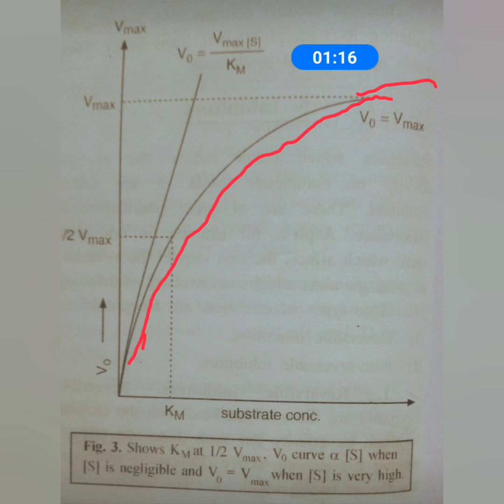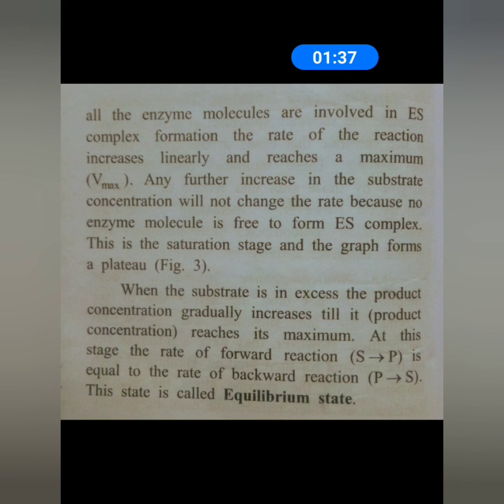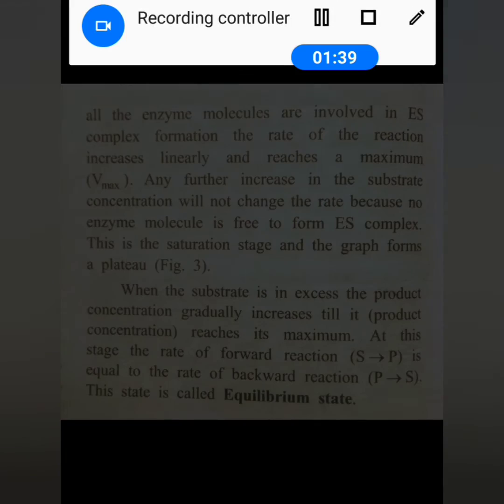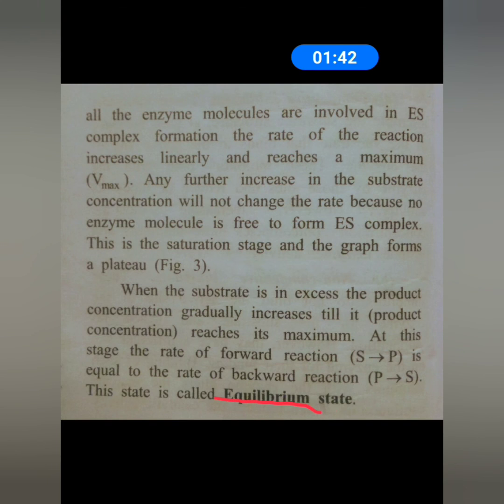At this stage the rate of the forward reaction, substrate to product, is equal to the rate of the backward reaction, product to substrate. This forward and backward reaction are equal, and this stage is referred to as the equilibrium state.